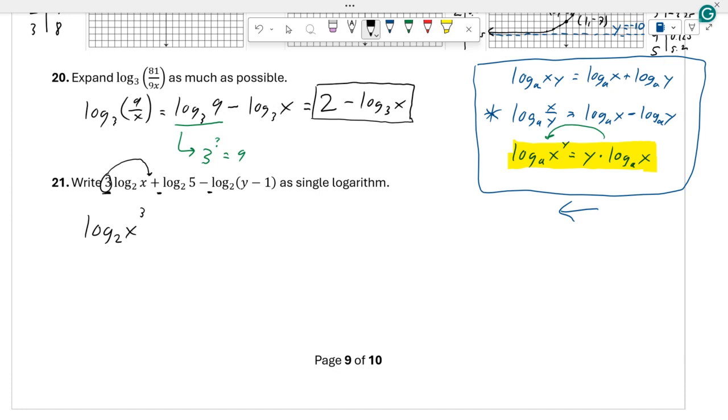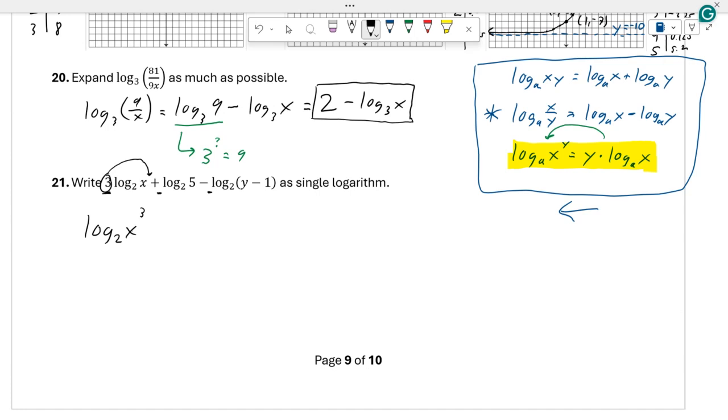If you don't see that, maybe pause the video for a second. We are applying the power rule, which I highlighted. We're going from right to left. And what I'm doing is I'm taking the number in front of the logarithm, the coefficient, and I'm moving it to the argument that's going into the logarithm, which is x, and I'm making it x cubed.